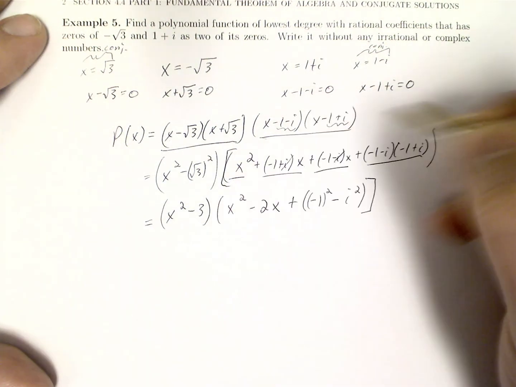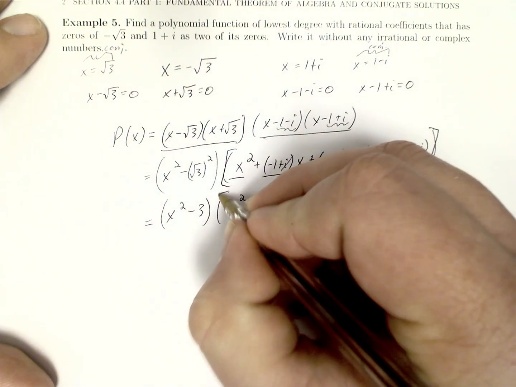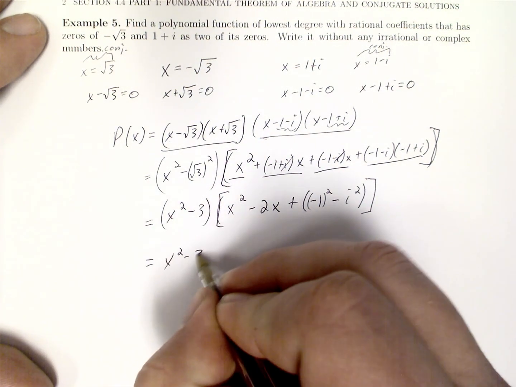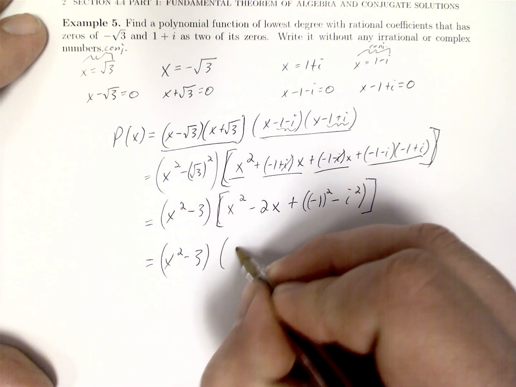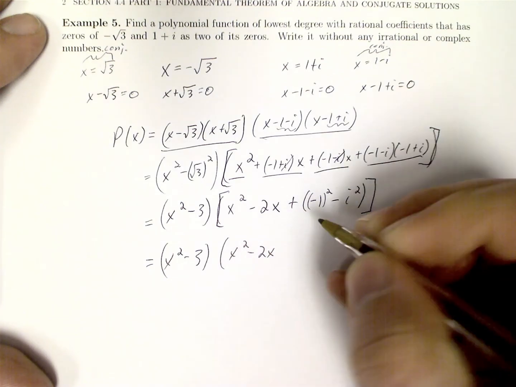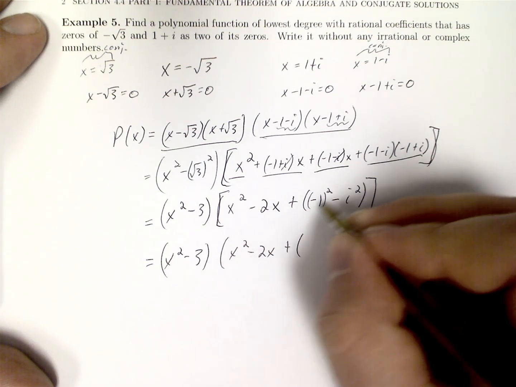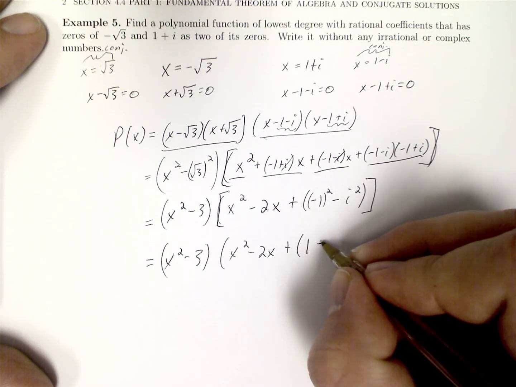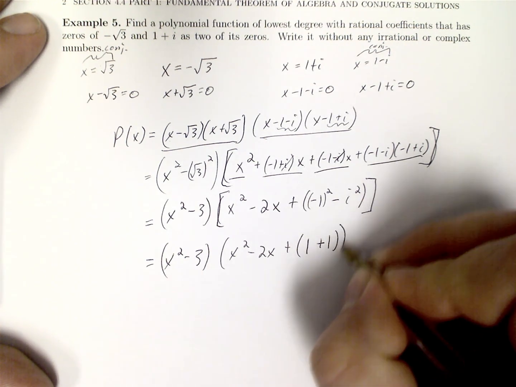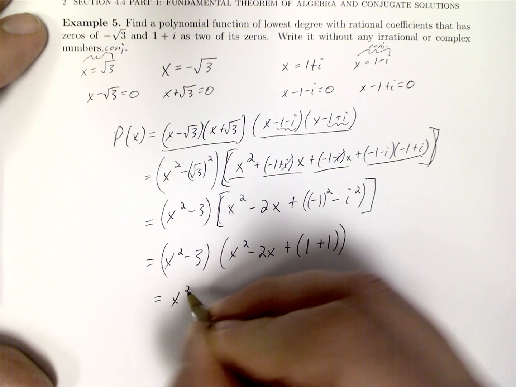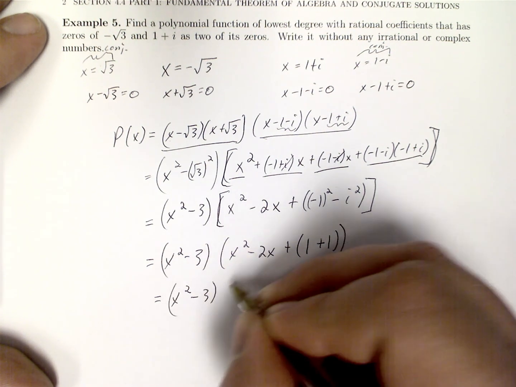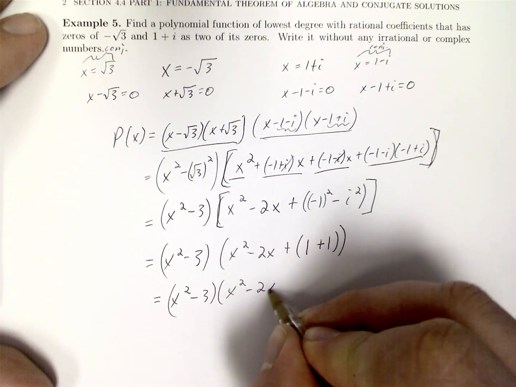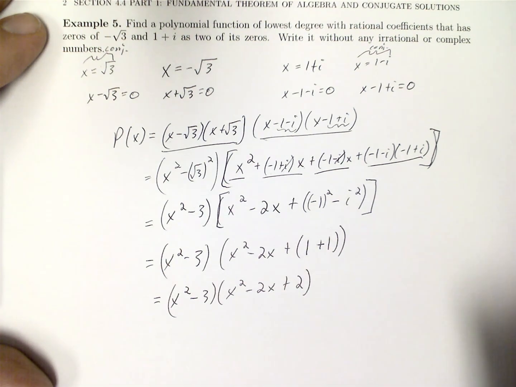So we have x squared minus 3, x squared minus 2x, plus negative 1 squared is 1, minus i squared is negative 1, so plus 1. So this actually becomes something that's much more manageable, x squared minus 2x plus 2.